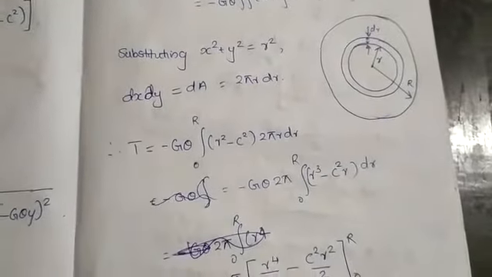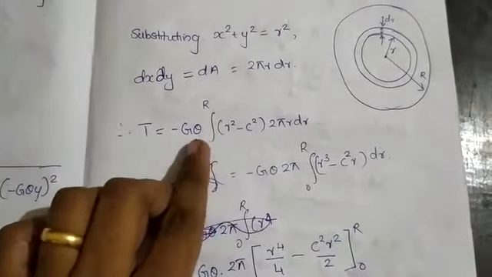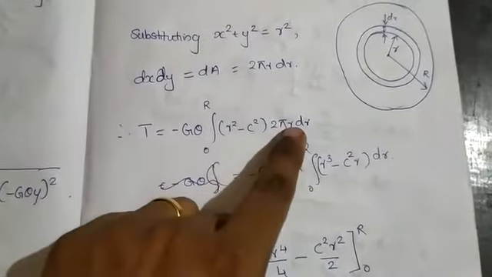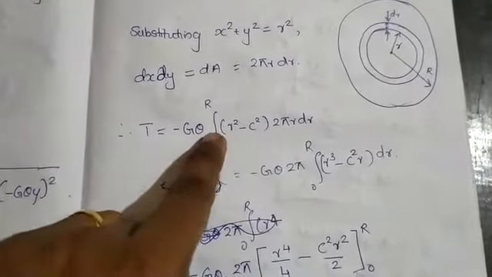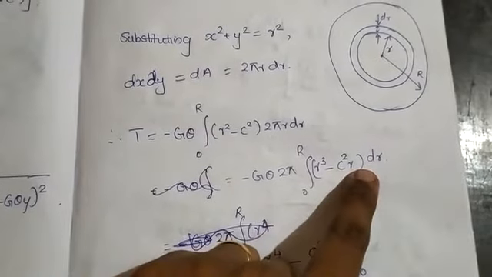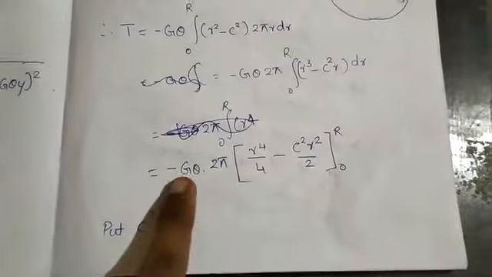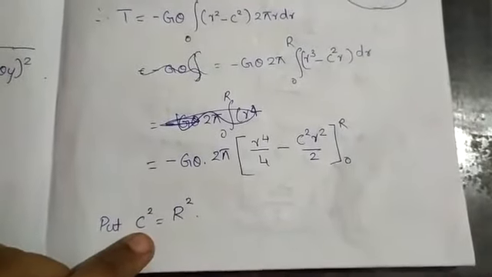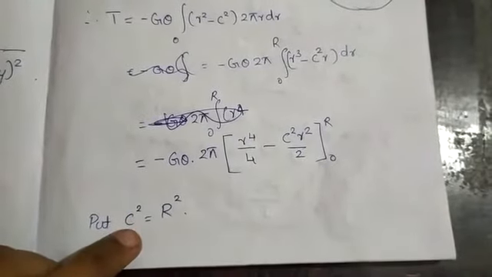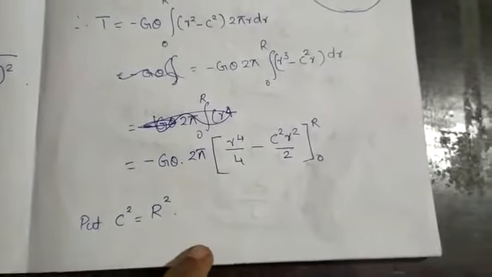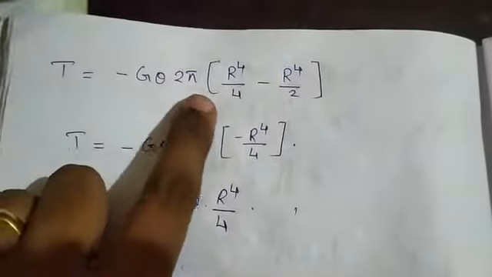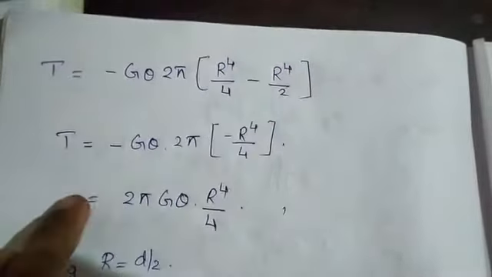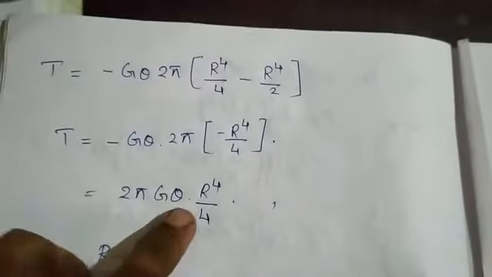You integrate this: minus G theta, with 2 pi taken outside, and the integrand becomes r cube minus c square r dr. Now you get minus G theta into 2 pi into r power 4 by 4 minus c square r square by 2, from 0 to R. Here c will be a constant, so let us put c square equal to R square, or c equal to R. Then the equation reduces to minus G theta 2 pi into R power 4 by 4 minus R power 4 by 2, and on solving you will get 2 pi G theta into R power 4 by 4.